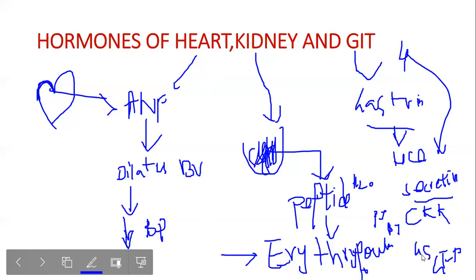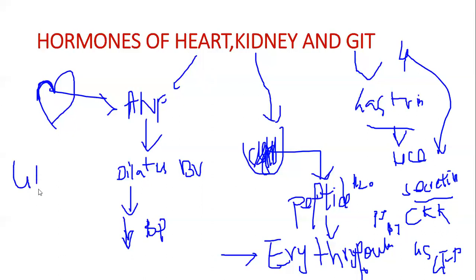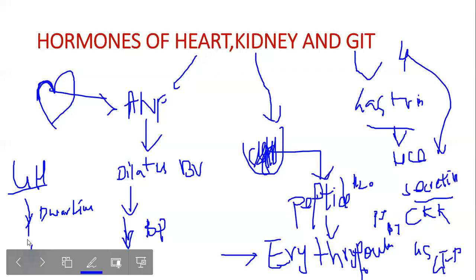Other non-endocrine tissues also secrete hormones called growth factors, which are responsible for normal growth of our body. One more thing about growth hormone: if not much growth hormone is produced, it leads to dwarfism. And if there is a lot of growth hormone, that leads to gigantism.